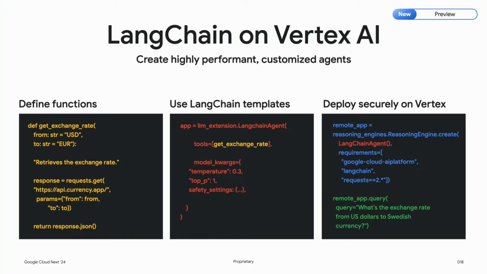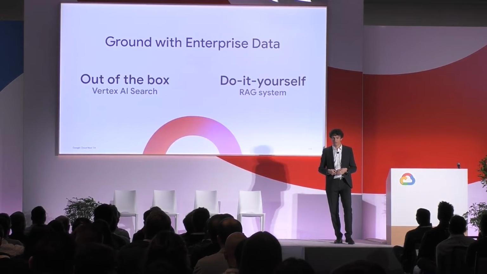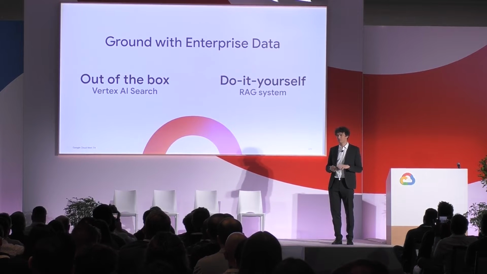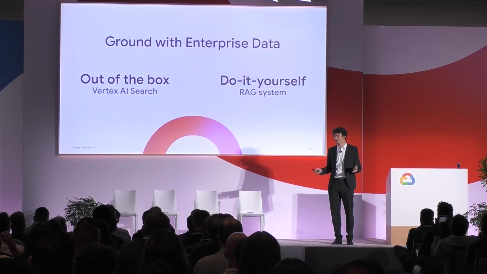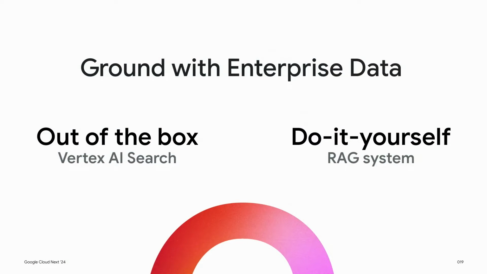Now let me talk a bit about the tooling that we offer you for these two developer experiences. Grounding is the most important thing that we hear from all of you, and you would like to have really solid grounding. And grounding can take multiple months to develop. So what we created is out-of-the-box grounding for you.